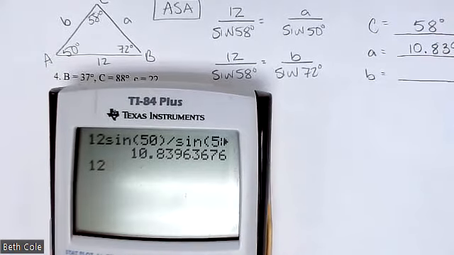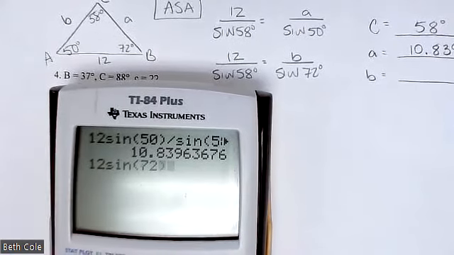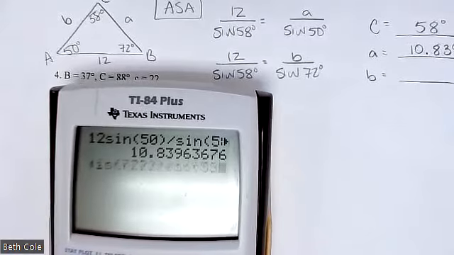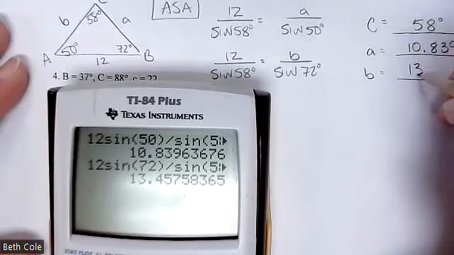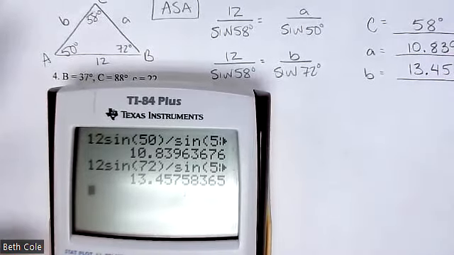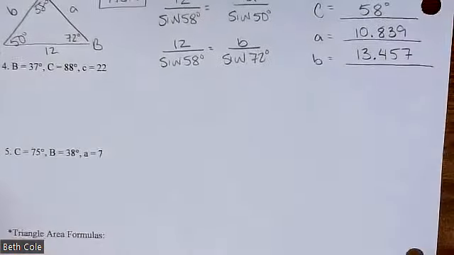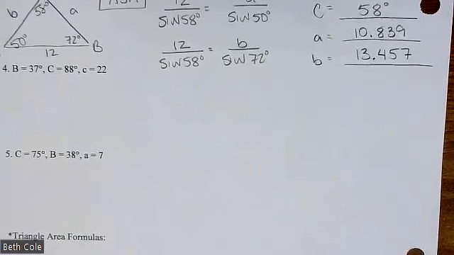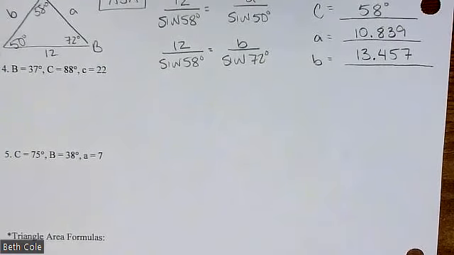Doesn't matter. Okay, thumbs up. I'll take it. And then this is bigger than 10. So 13.457. Okay. I'll write up the answers for 4 and 5. You can check them if you feel like it, but you're gonna do plenty more and that's not real necessary.